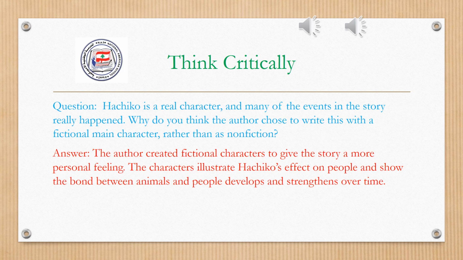At the end of this story, you will be able to understand that animals deserve to be treated with kindness. People can observe an animal to better understand it, and animals will be loyal and respectful to those who treat them well. And this is what happened with Hachiko, the loyal dog.